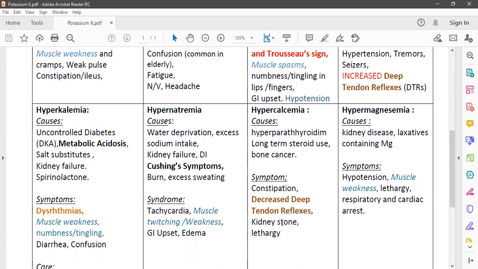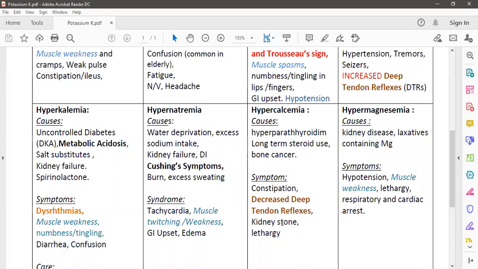And renal stone, it is the kidney stone. Sometimes patients develop polyuria, hypercalciuria, which means calcium present in urine, or flank pain secondary to urinary calculi, which means urinary stones.